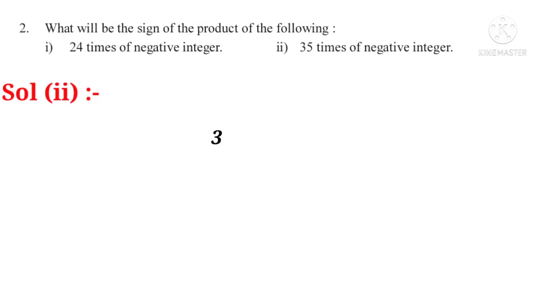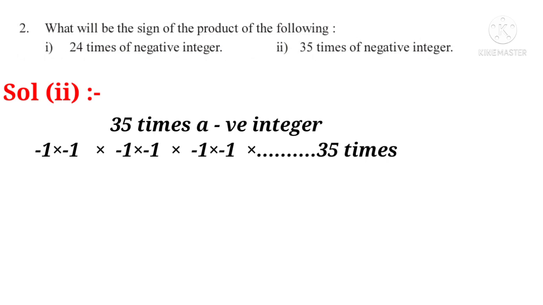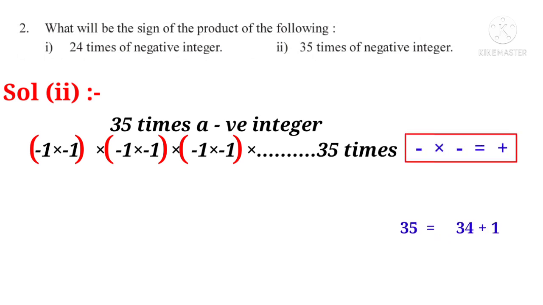Now, solution 2. 35 times of a negative integer, that is minus 1 into minus 1 into minus 1, 35 times. Here put a bracket for each pair of negative numbers. In each pair there are two negative numbers, that is minus into minus is plus.